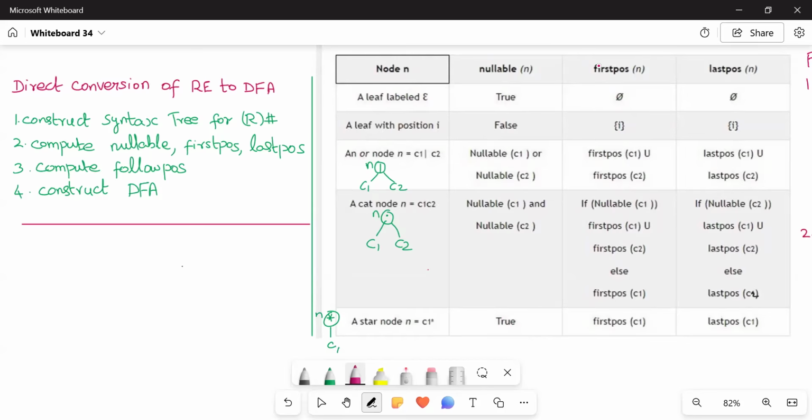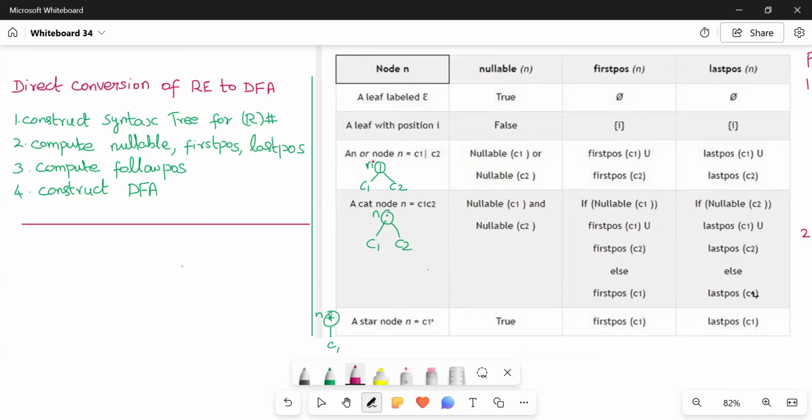A leaf labeled with some other symbol has first position of n equal to that particular position i. Here we give integer numbers 1, 2, 3 to the leaf nodes, so that position will be directly substituted here.